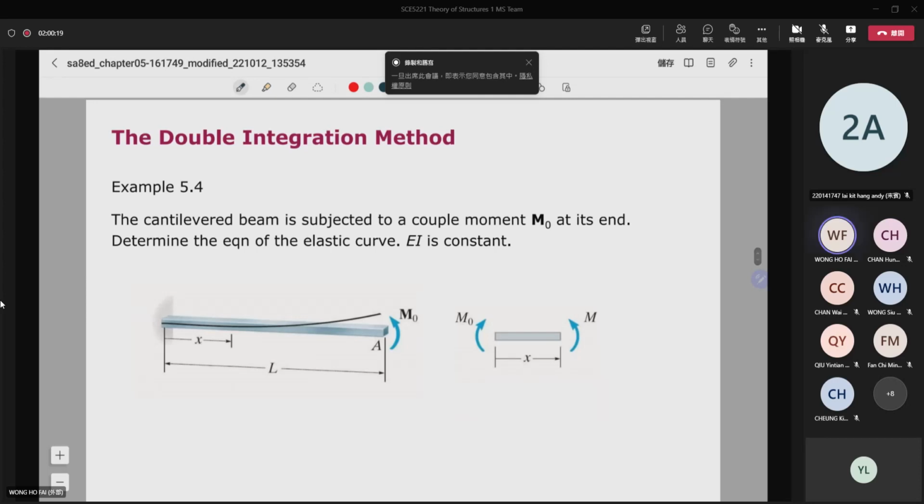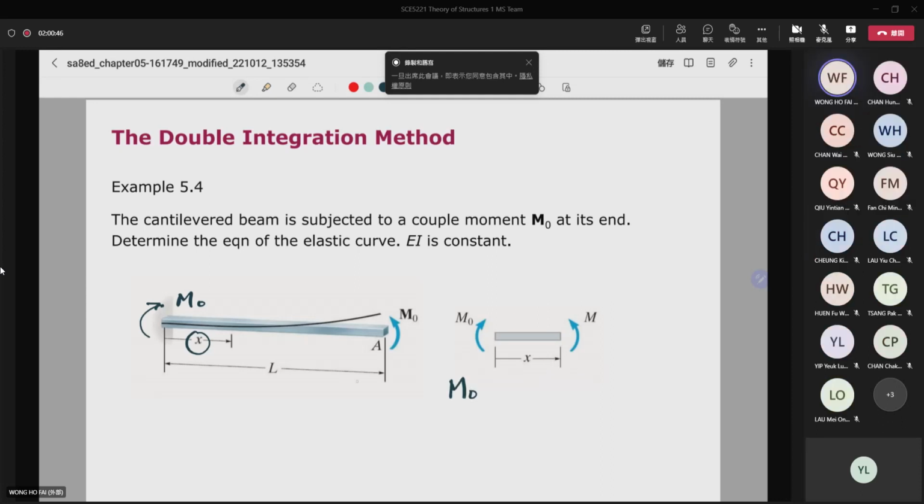And then the next one is that we will have a moment M0 applied at the ends of the beam. Then we know that in this case, the moment equation, if we start at x here, then here must be M0. Then this equation is easy because the summation of moment is equal to 0.